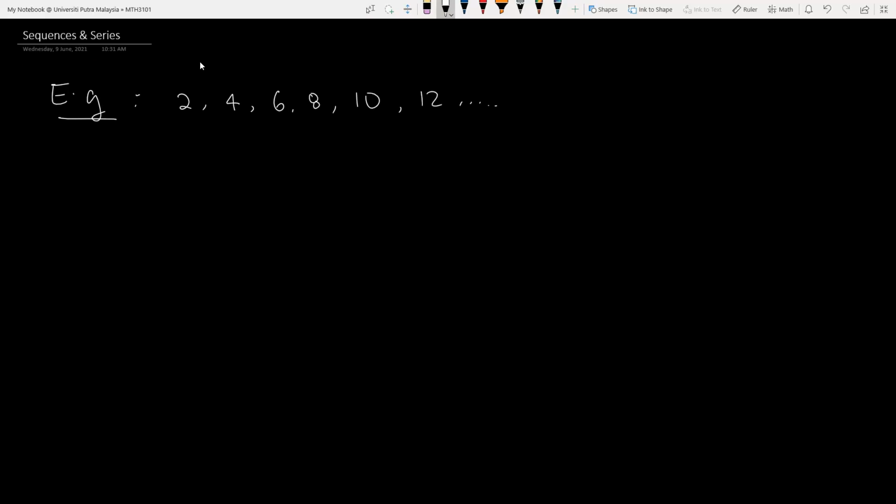So sequence kat sini, kalau awak tengok, this is like even numbers. Even positive real numbers, integers. Even positive integers.